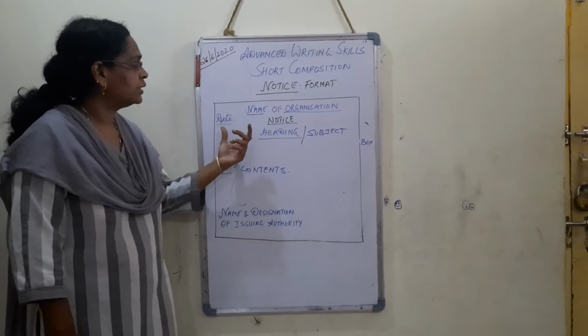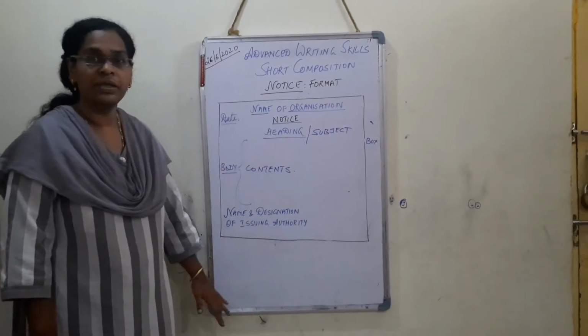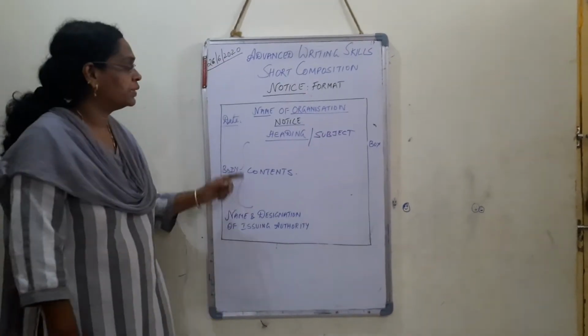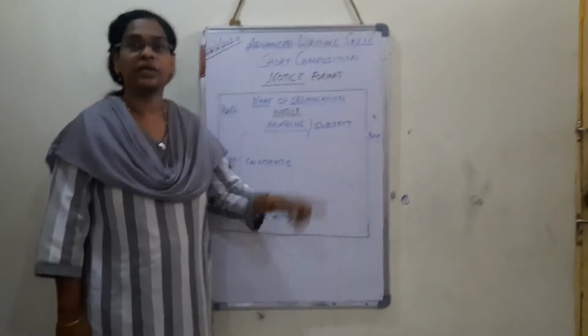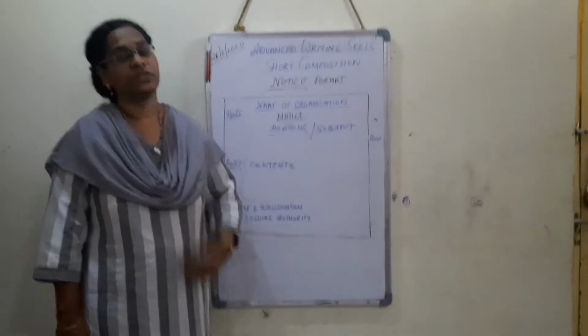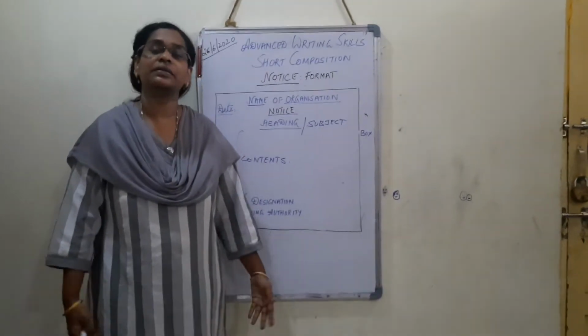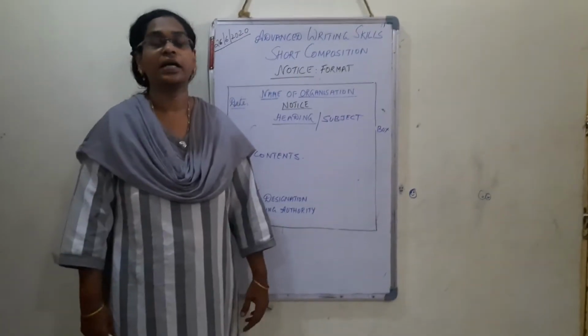Okay. So children, this is the format of notices, and I am sure you're all very familiar. So let's revise once again to refresh your memory. Before we go into the format of the notices, what is a notice, or why do you write notices? Notices are nothing but written pieces of information. This information could be about anything.